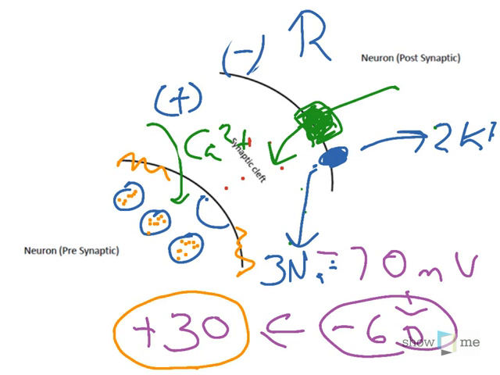So that should help you understand what is going on and how we generate an action potential in a neuron, and we don't have all of the confounding T-tubules and triads and terminal cisternae like we had in the muscle cells. It is actually quite a bit simpler, and this concludes my little lesson on the physiology of a neuron. Thank you.